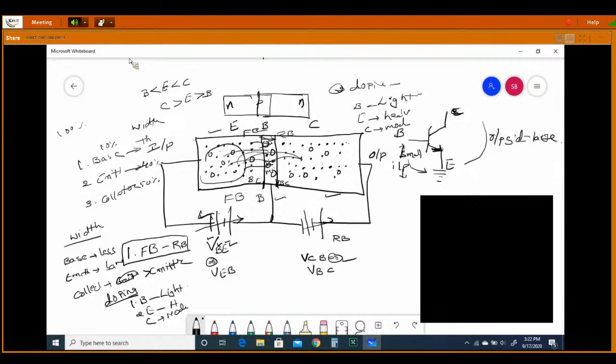How are they able to come here? By maintaining the forward bias at the base emitter junction and the reverse bias at the collector base junction, so that these electrons can come to the collector. Now how are they coming? First, initially base emitter will be in forward bias. Now I will draw this separately.